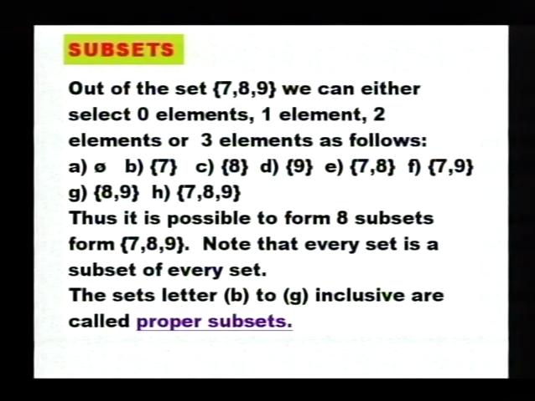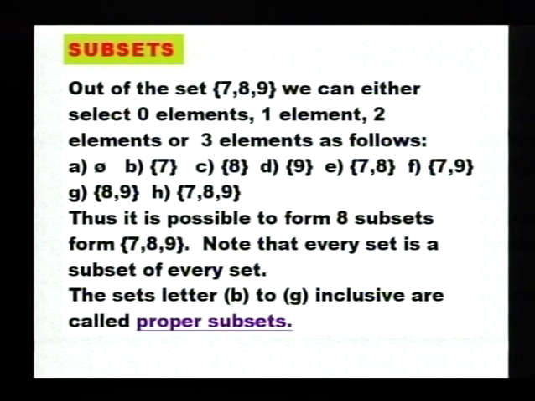This means that, for instance, part B, {7} is a subset of {7, 8, 9}. {8} is a subset of {7, 8, 9}. Even for the null set, that means 0 elements, we can also select that. And 9 is an element of {7, 8, 9}. Is that clear? All right, that's what we're talking about here.